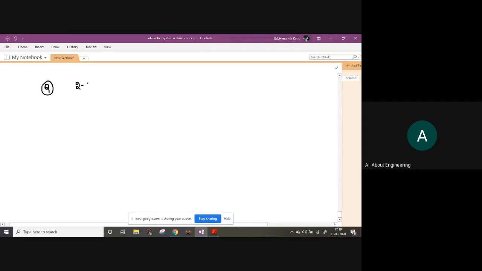Minimum number of 2 input NAND gates required to implement the following function: A plus AB bar plus ABC. You try this and post your answer in the comment section.